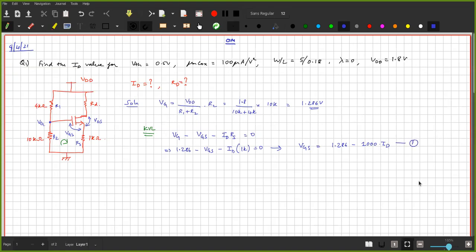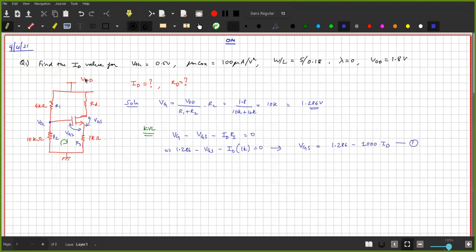Using this and substituting it in my saturation current equation, I'll get a quadratic equation for ID. Now using that, I can find the value of ID. Once I find ID, I can find VGS also by substituting that ID value in equation 1.